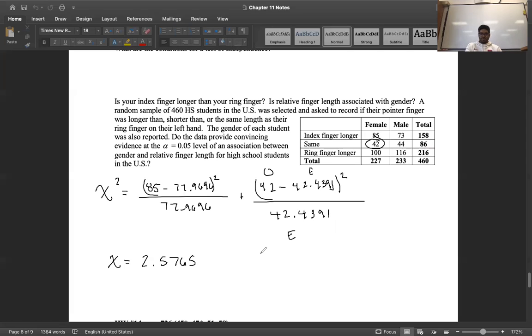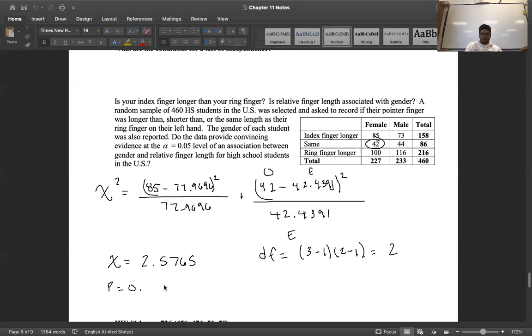And then degrees of freedom is rows minus 1 times columns minus 1, so you have 3 minus 1 times 2 minus 1, so degrees of freedom equals 2. And this gives you a p-value of 0.0356. Or sorry, not 0.03, 0.3.